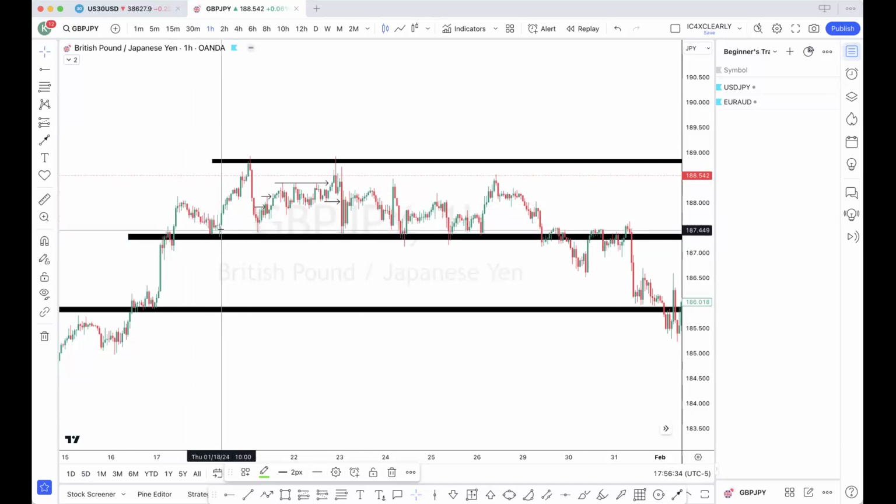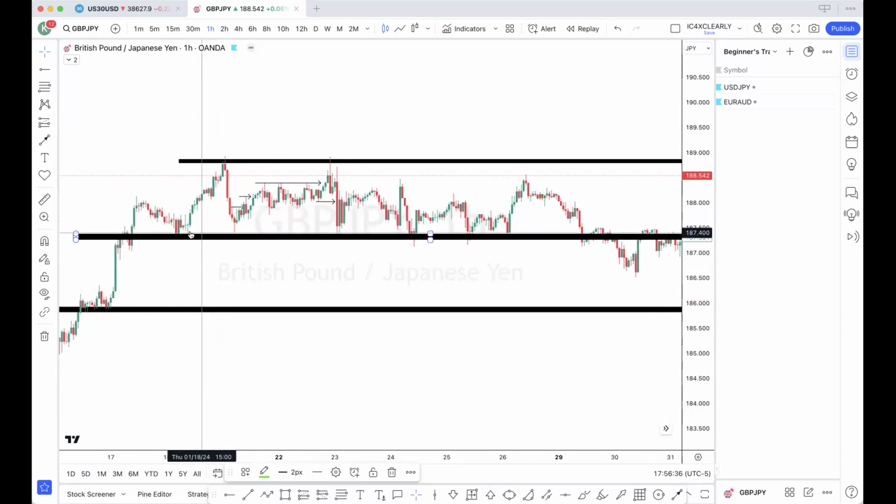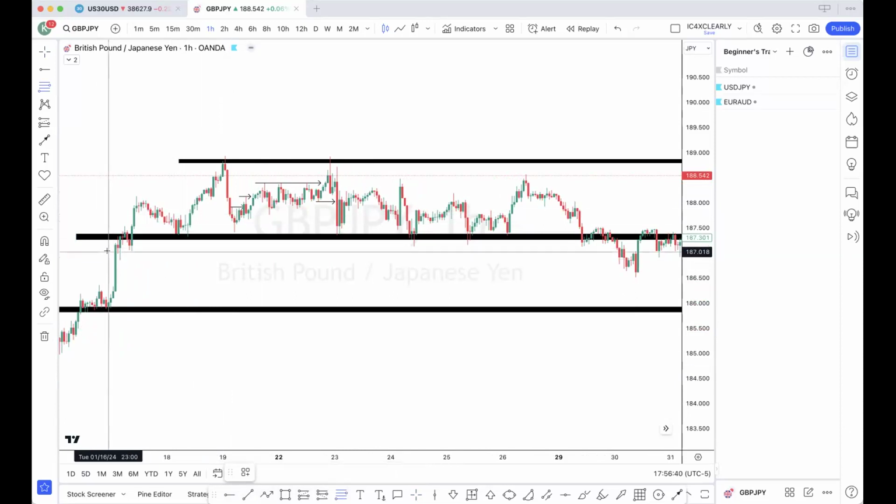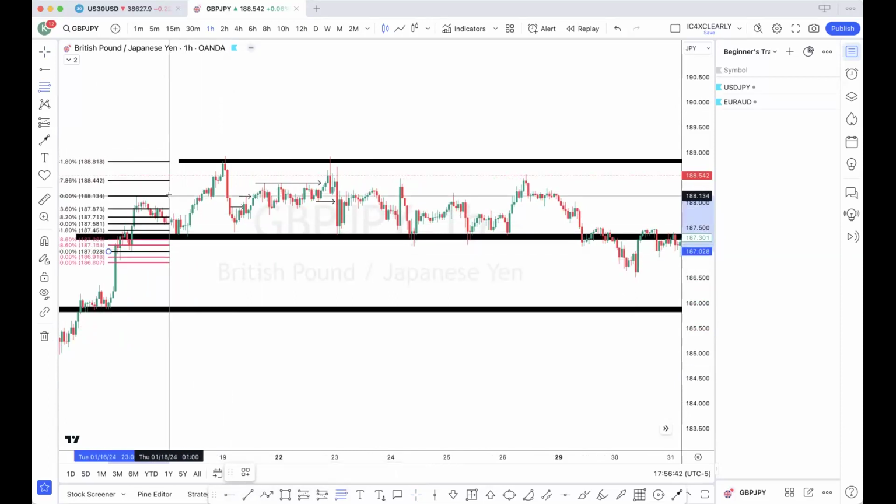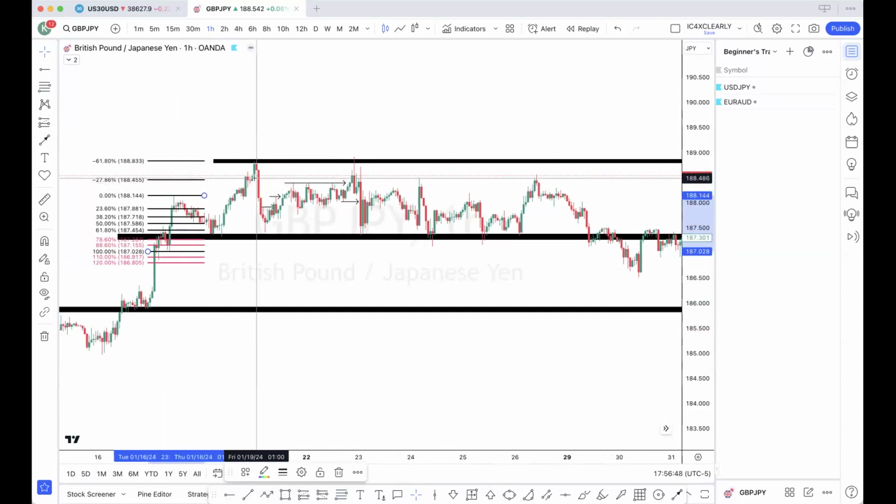So now, once that happens, I can just mark up this little minor zone here, and at least take price up to the negative 27, because we don't know that this is going to be the high yet, right?